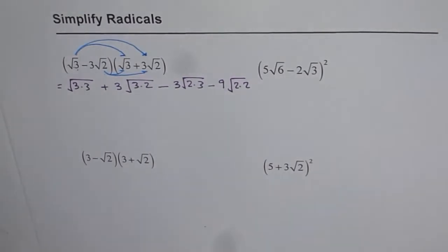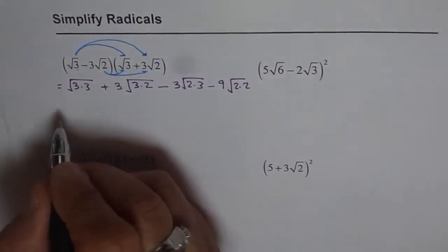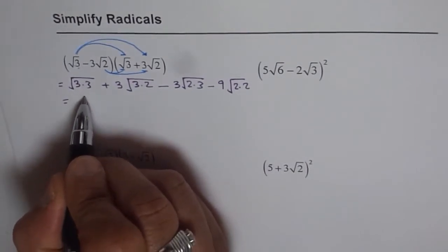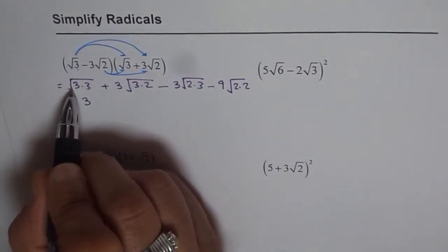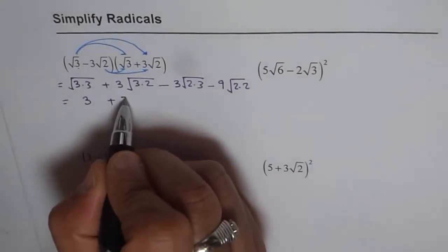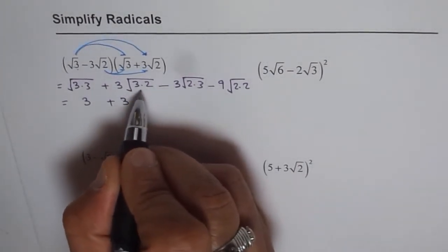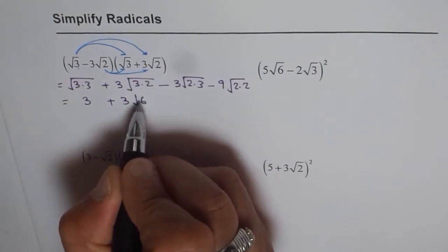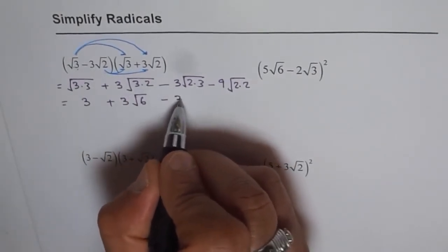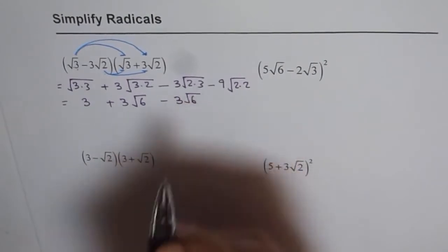So that is what we get within the square root. Now it's easy. Square root 3 times square root 3 is the number 3, or you could say the square root of 9 is 3. Either way. Here we get 3 times 2, 6. There is no perfect square, so we have to write square root 6 in this case. Similarly, we get the same thing, square root 6 in this case also.